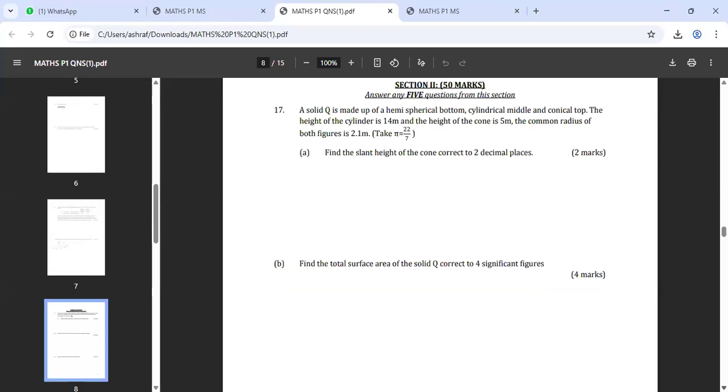How many surfaces are there in that solid? Yes, Emmanuel, you can answer.